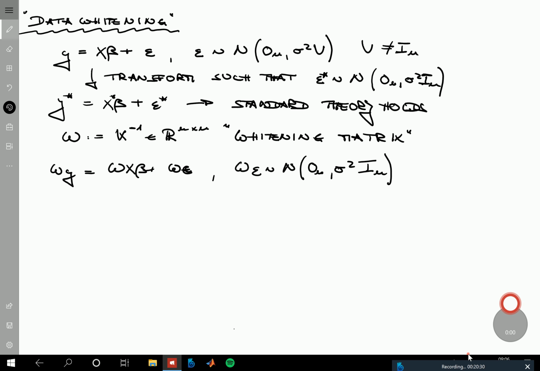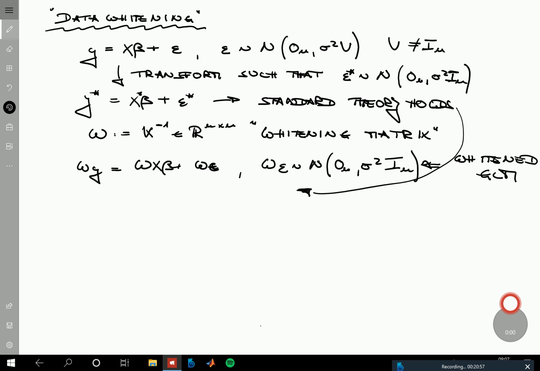And this is then referred to as the whitened GLM. And here the standard theory holds. Yeah. So this is the whitening approach that we hear in fMRI always about.